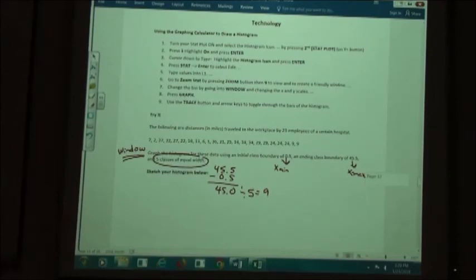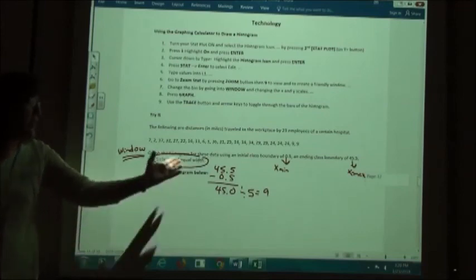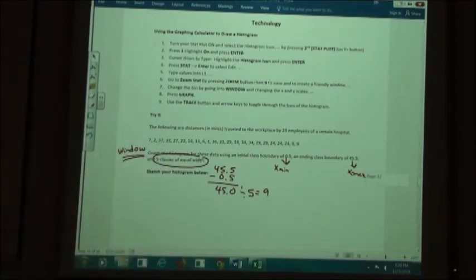Now it looks good. But if you were trying to double check what you did on ALEKS, you could put it in and do the histogram on your graphing calculator. Make sure you change your boundaries by changing your window settings, and then you should have your histogram.